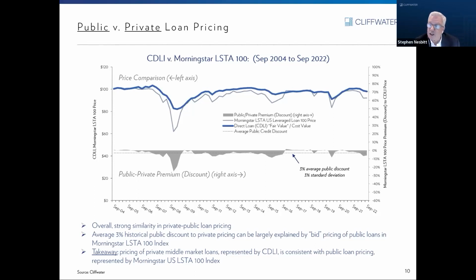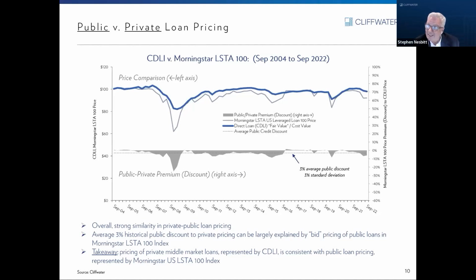The index, just a technical point here, the LSTA index is based on bid prices, okay? So the maximum someone would buy. So it is not the average of the bid and ask, and obviously it's not the ask. The average bid-ask spread in that market is at least 1.5%.